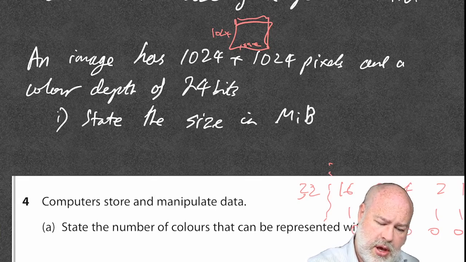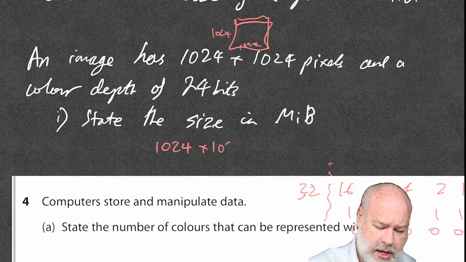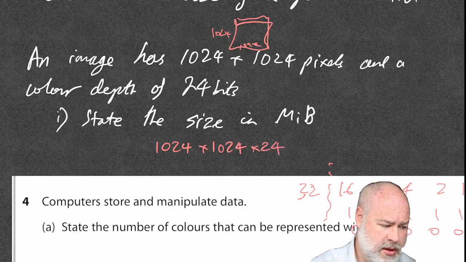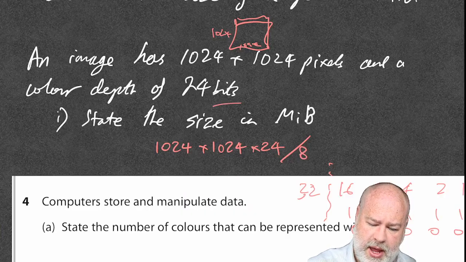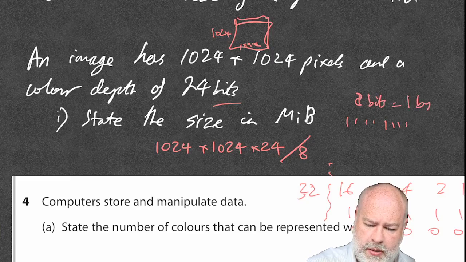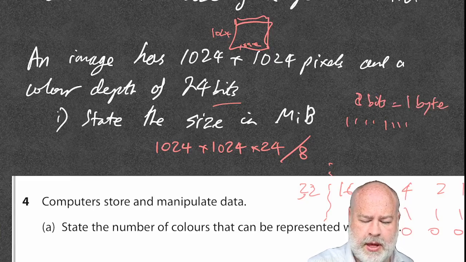Here you would just say 1024 times 1024 times by 24, the bit depth, and you divide by 8 because we're not dealing with just bits. 8 bits equals 1 byte. So divided by 8 gives us the bytes.